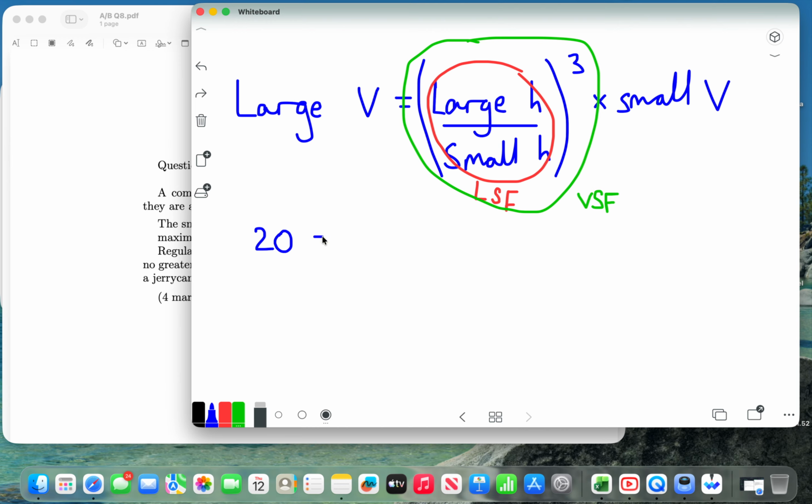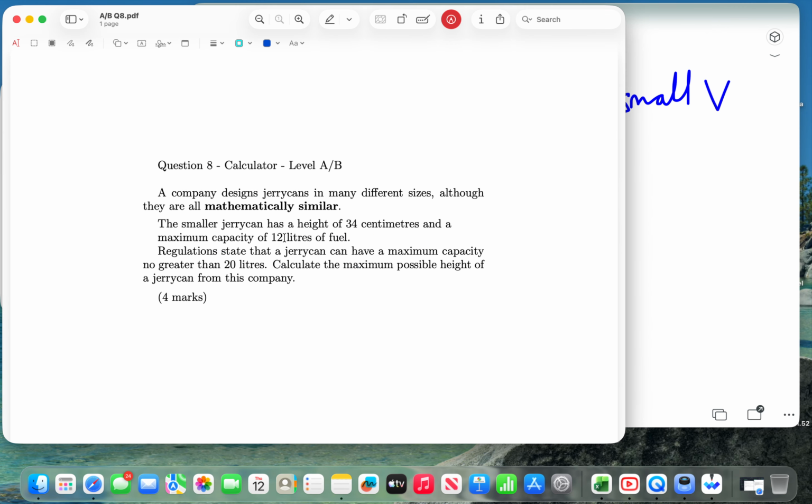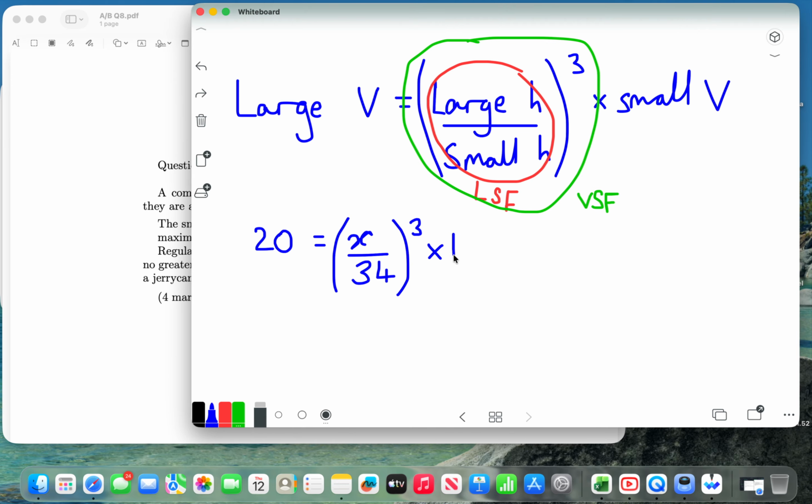We can keep the units of litres. The large height is X. The small height is 34 centimetres. And this is cubed to get the volume scale factor. And we multiply by the small volume of 12 given in the question.